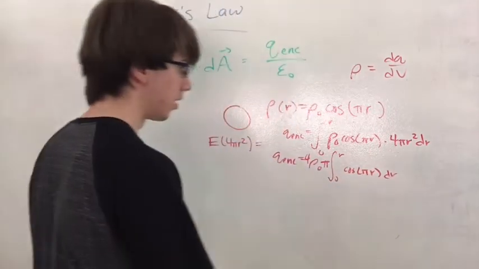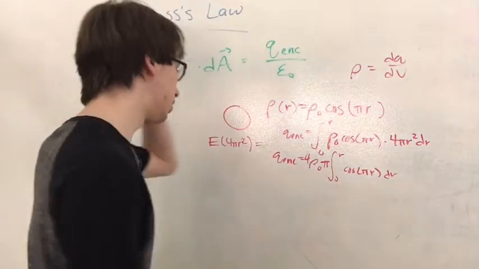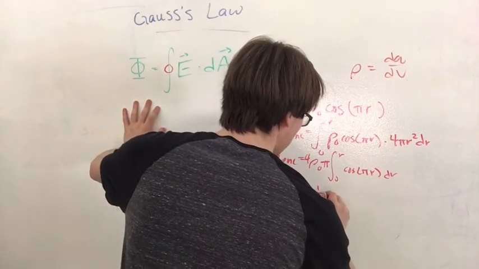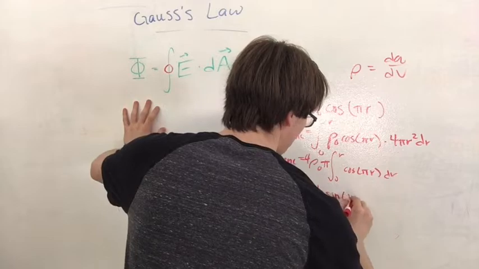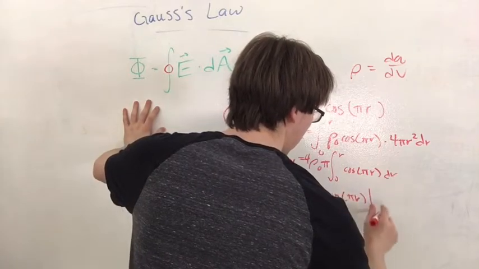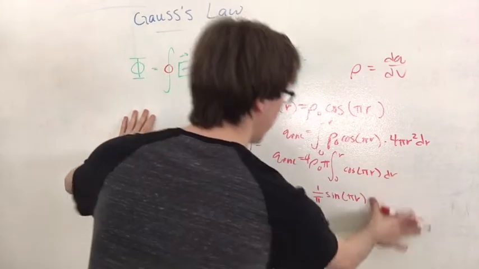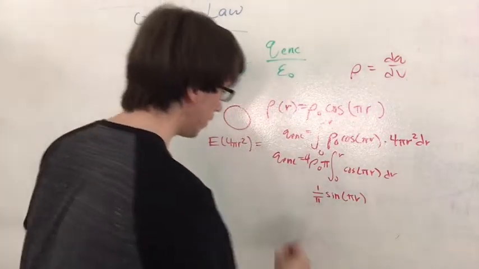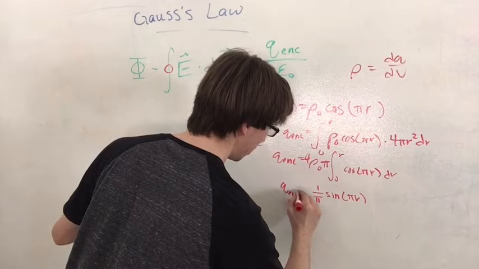Take the integral of this, and we end up with 1 over pi sine pi r from 0 to r. That's just going to be r, because sine of 0 is 0. So that's what our Q enclosed is equal to.